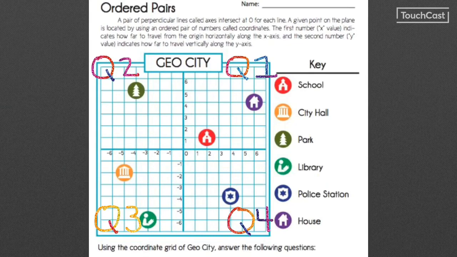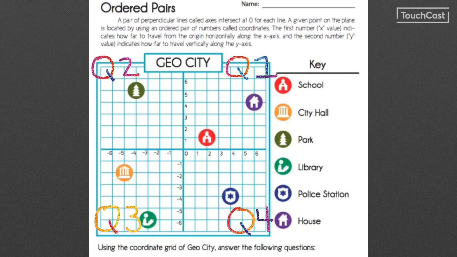Before we get too into finding the places on the coordinate plane, let's review what ordered pairs are. A pair of perpendicular lines called the axes intersect at 0 for each line. We call the place where the lines meet, 0, 0, the origin. A given point on the plane is located by using an ordered pair of numbers called coordinates.